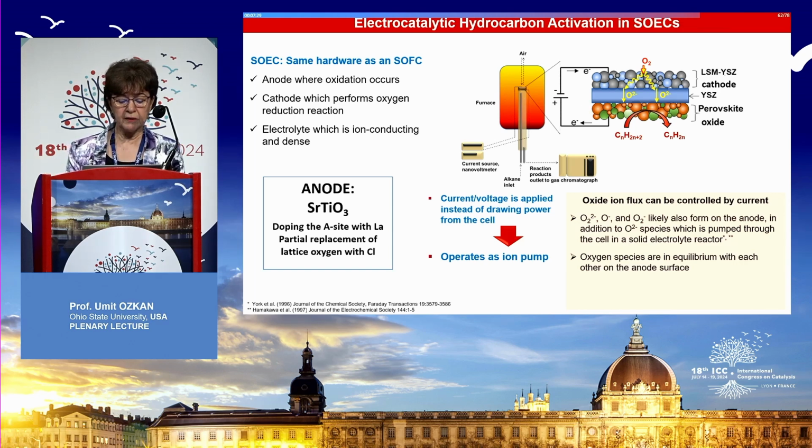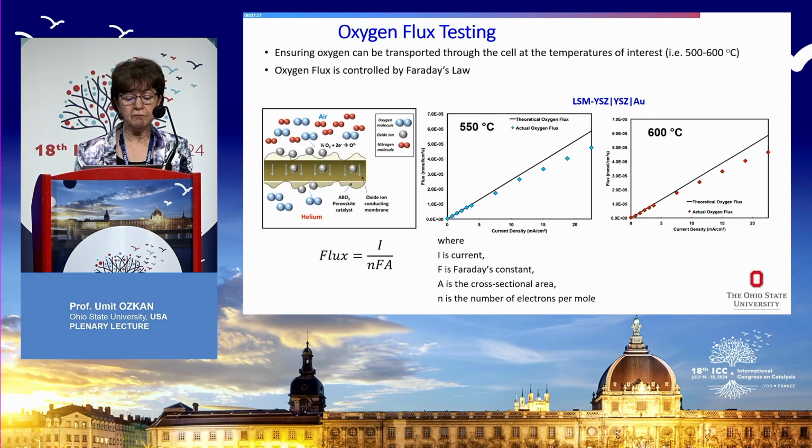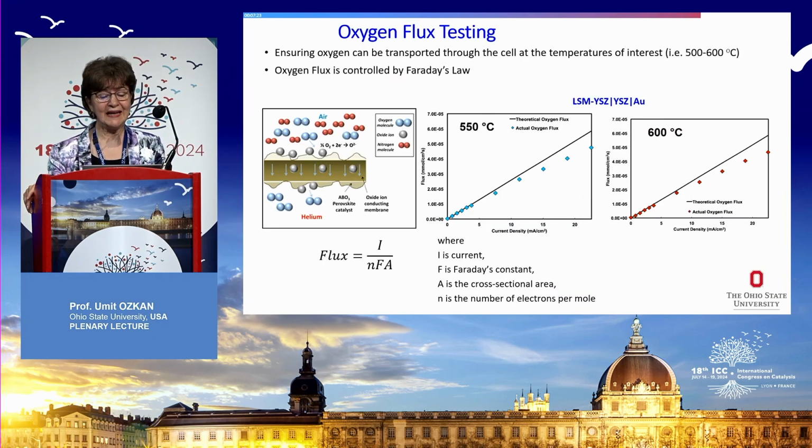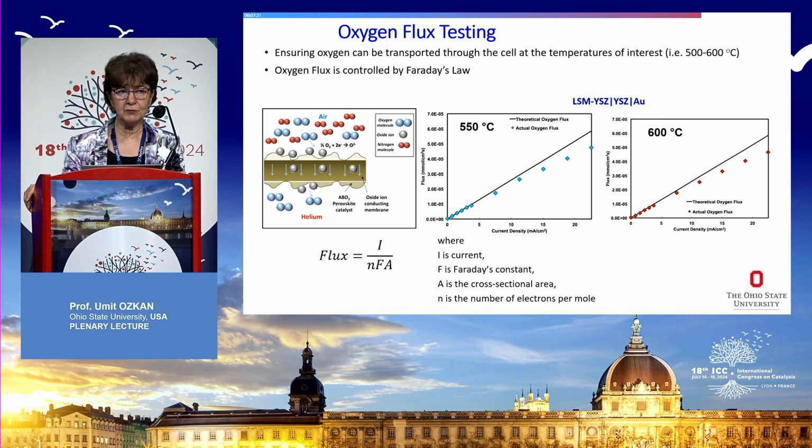So this is operating as an ion pump, and we wanted to see if we can really get an oxygen flux from the cathode to the anode. So this can also be looked at as an air separation process. Here we have air, and we're at different current densities.